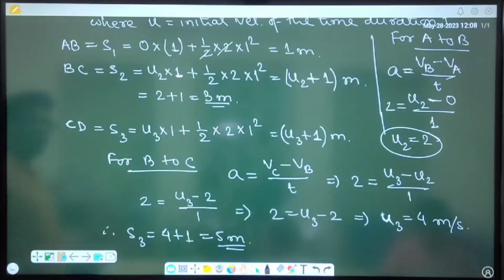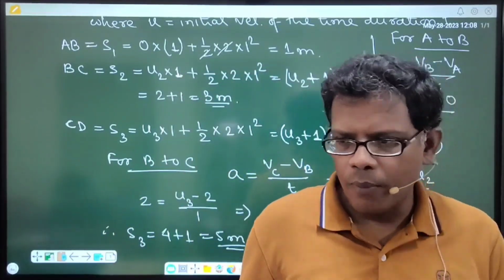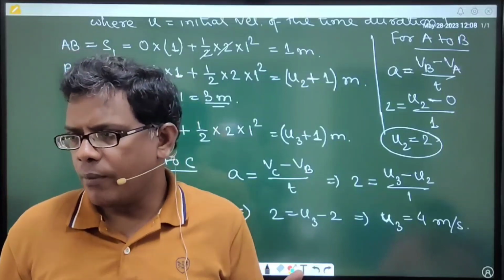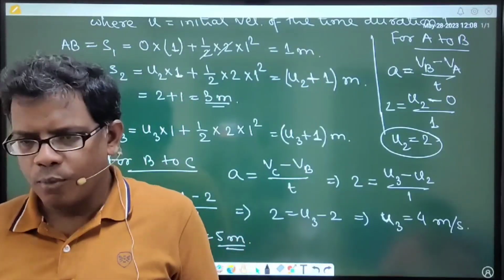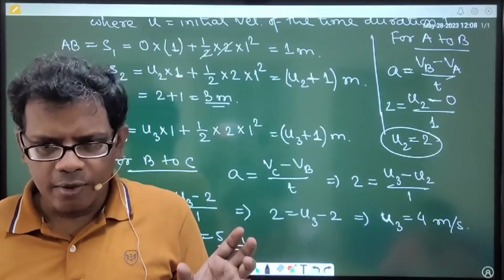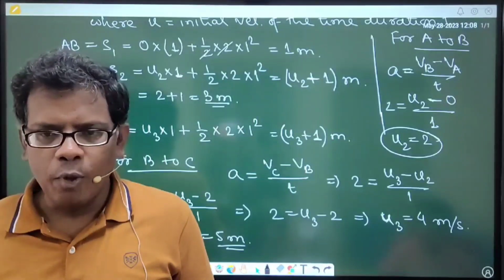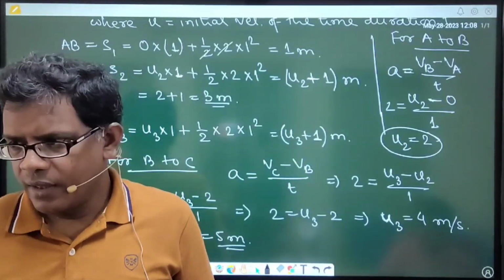Got it? So this is the way we can always calculate. What is the most important thing that I have come to know by solving this particular problem? With this problem, we have come to know one complete idea: whenever you use the formula S equals ut plus half at square, the most important points where you should focus your learning are these.